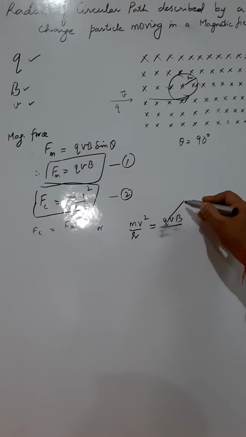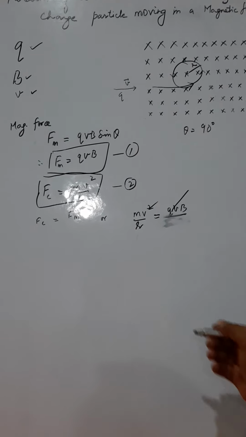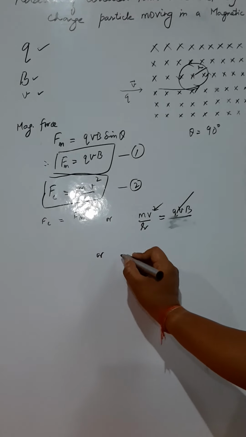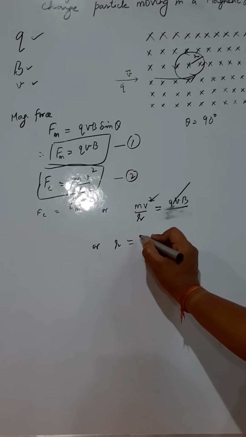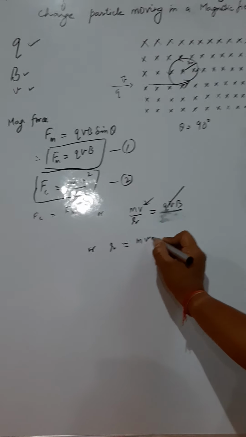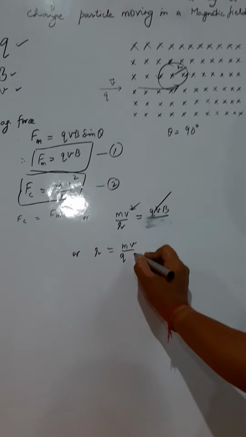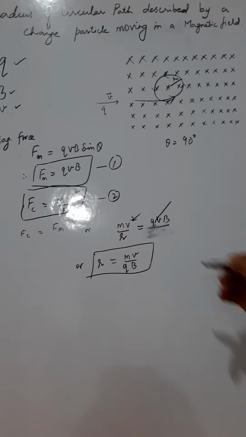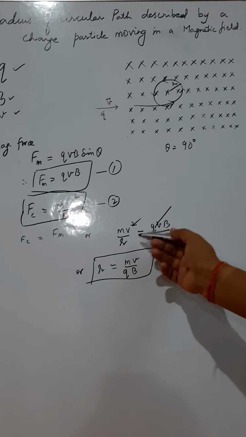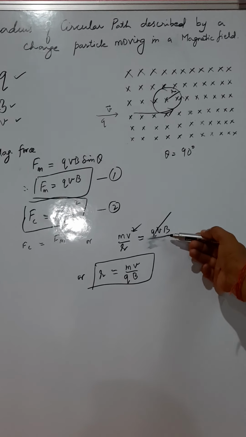Now this v will cancel out with this square and we can get r is equal to mv by QB. Again, mv square by r is equal to QVB, the centripetal force is equal to the magnetic Lorentz force.